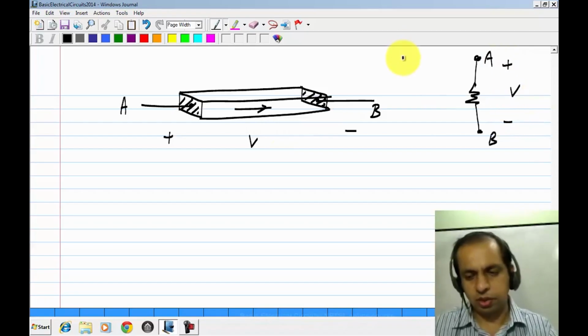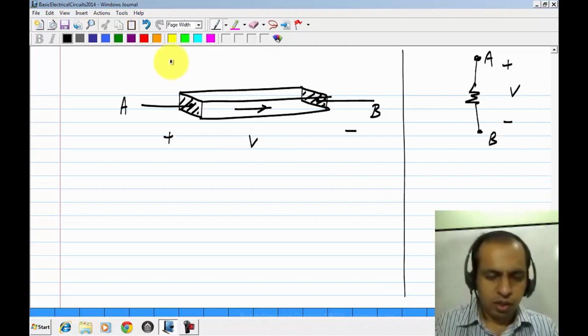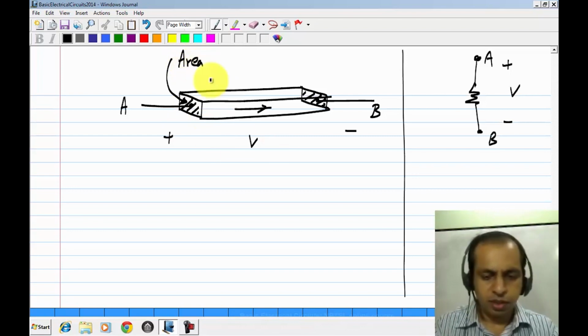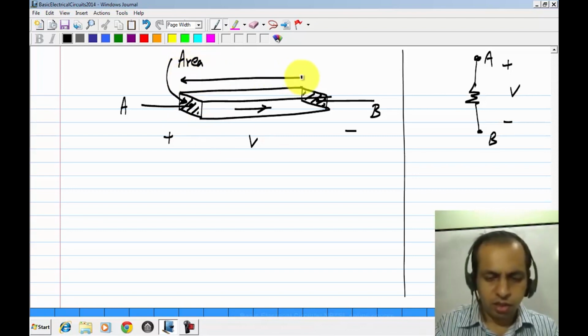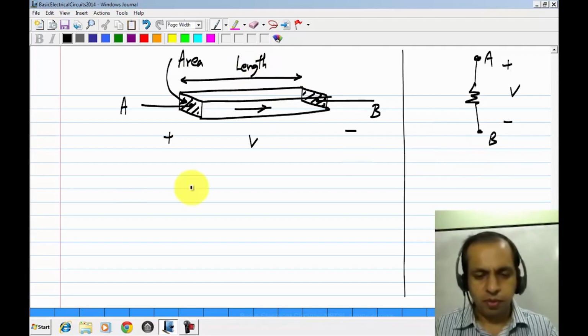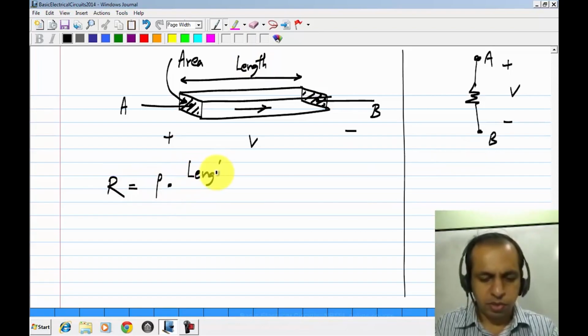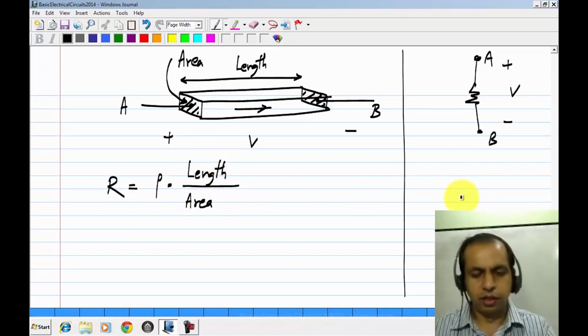I will show the symbol on the right side. Let us say the cross sectional area of this face is something, and the length along which the current flows is some length, and you know that the resistance is given by the resistivity times the length divided by cross-sectional area.